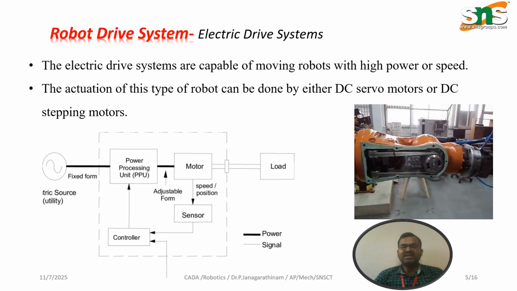Electric drive systems are capable of moving the robot with higher power or speed. Here DC servo motors or stepping motors operate our robotic systems. Whenever high speed or high revolution robotic movements are required, we have to select this kind of electric drive system. So these are the general drive systems used in our robotic system.